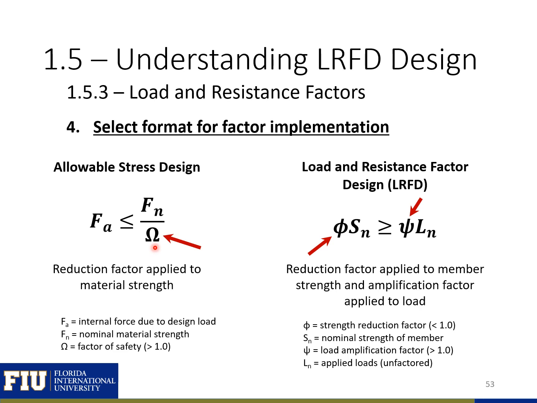In the load and resistance factor design, we reduce our strength with our reduction factor, and we magnify or amplify our load with this amplification factor. So these are two different ways that we can account for all of the variabilities that we talked about.